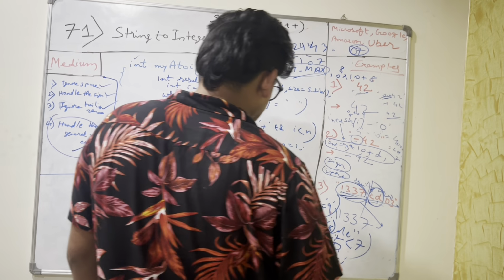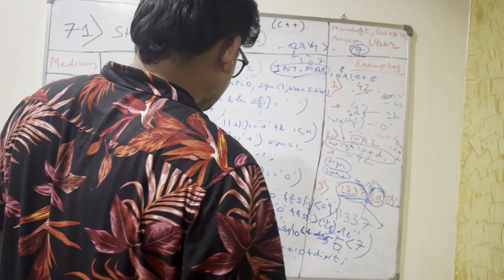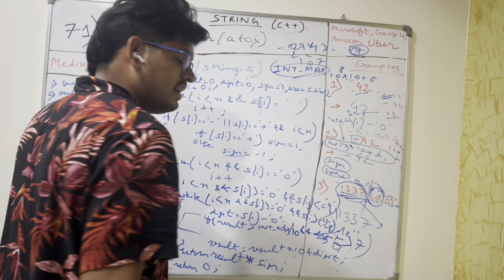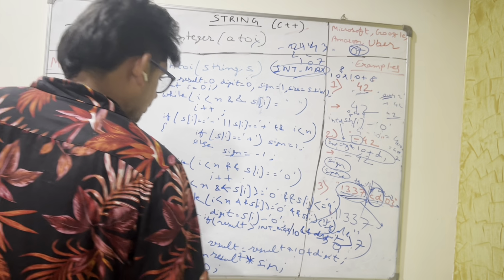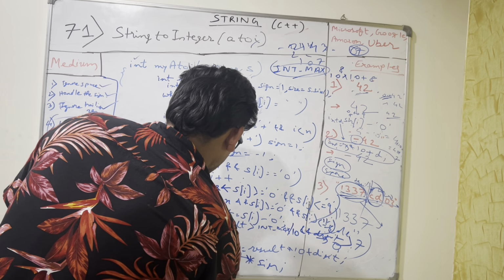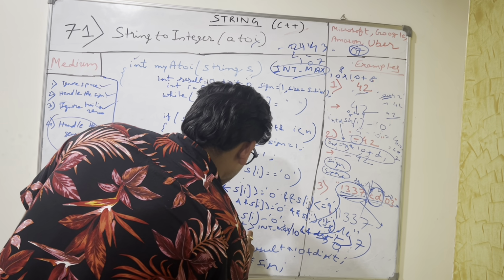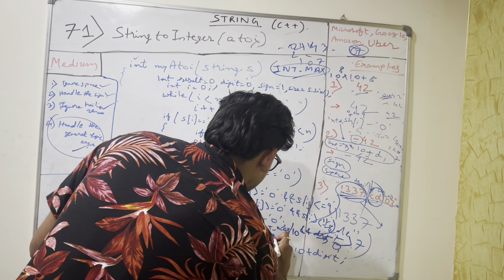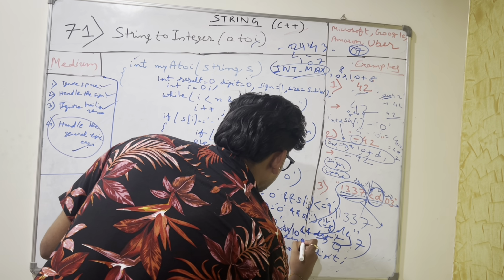Otherwise we can do it, but if it is greater than 7, then we are in a problem. So in that case, we will see if sign is negative, then we will return int min.